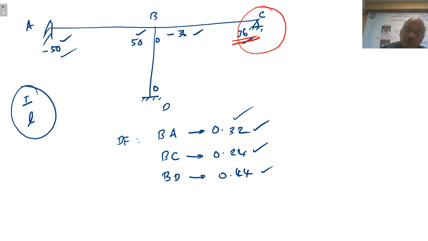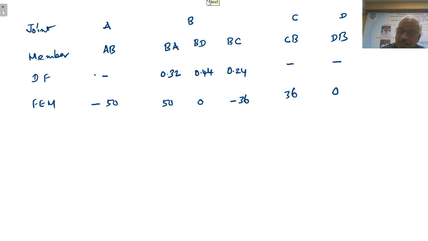So that's what we are going to discuss now. Here we release C and carry over to B. The first work is to apply minus 36 so that this will become 0.